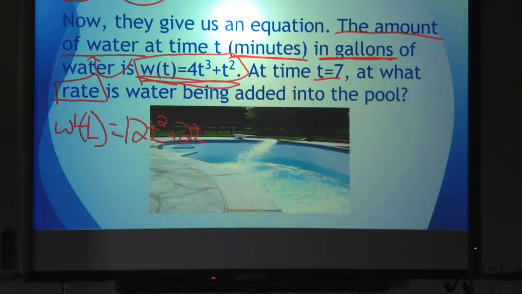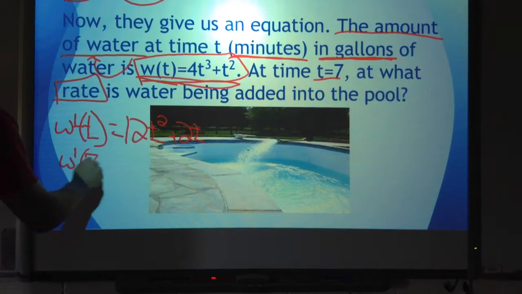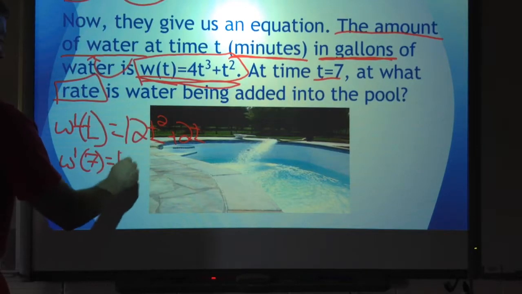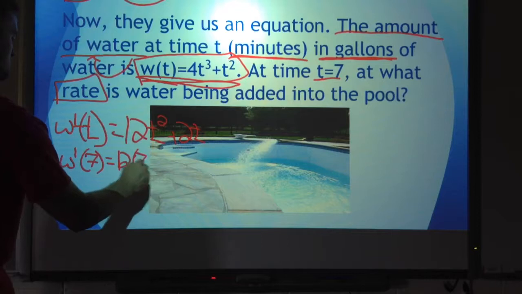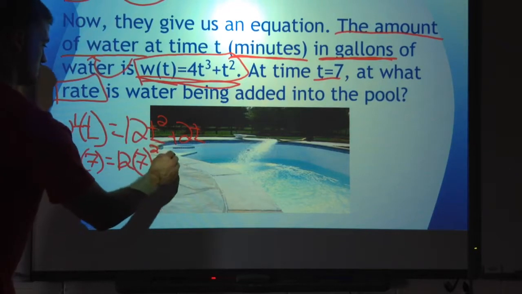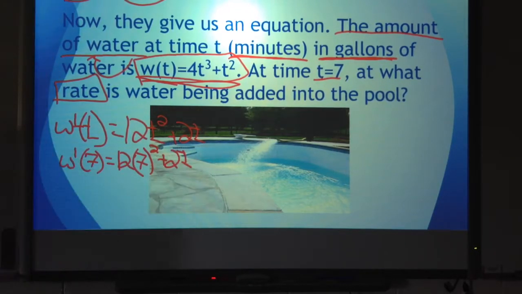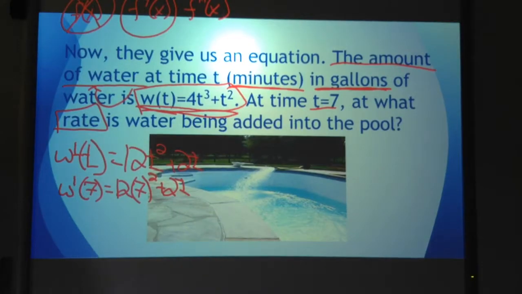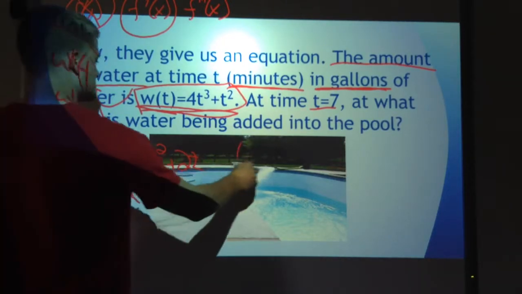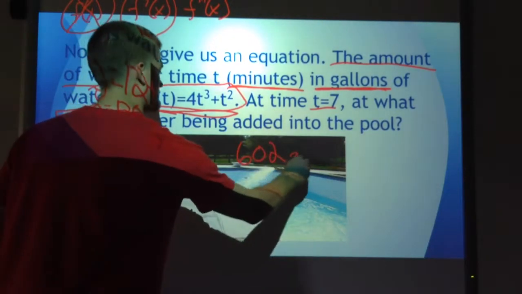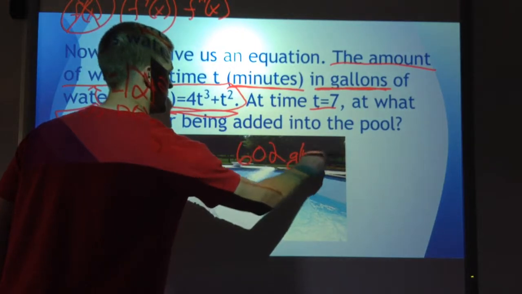So we could just plug in, you just add it in, so W prime of 7 equals 12 times 7 squared plus 2 times 7. So that's pretty simple. So doing the math on this equation, you get 602 gallons per minute.